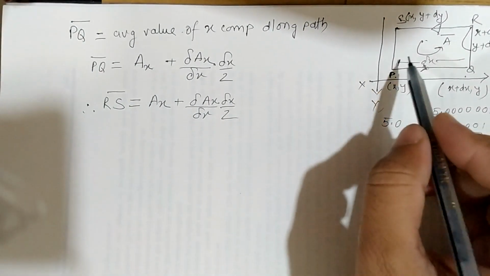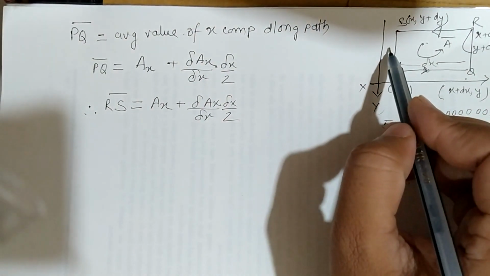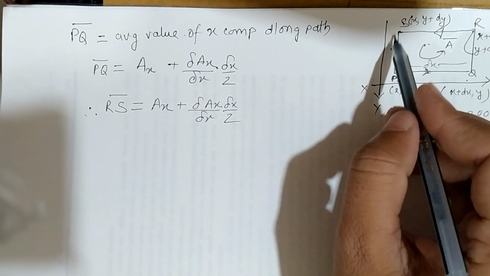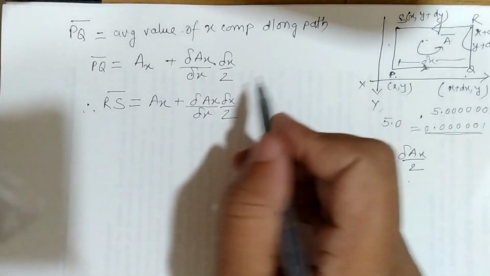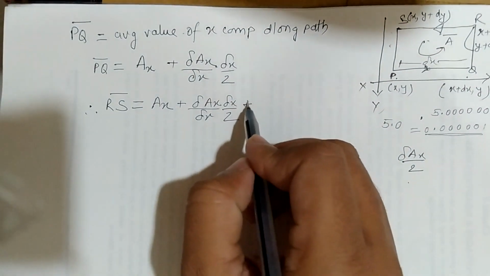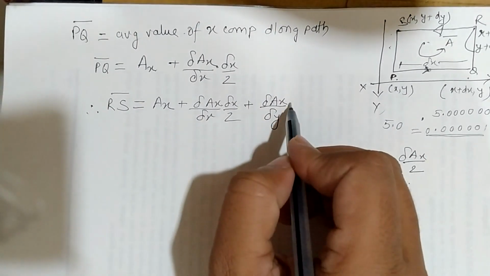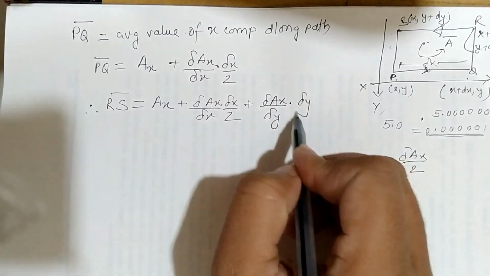And now we know that RS has the distance equal to your delta y. So that's why we are adding over here delta x by delta y into delta y.